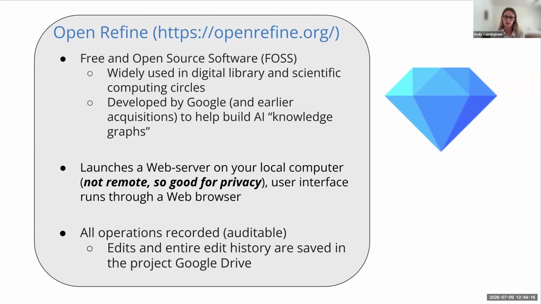There are built-in clustering algorithms that help with deduplication. You can enrich your data set by calling out to external sources like Getty vocabs, Wikidata, or really anything with an API. And it runs on a local web server, which allows you to use your own machine rather than the cloud, which is great if your data requires some privacy.